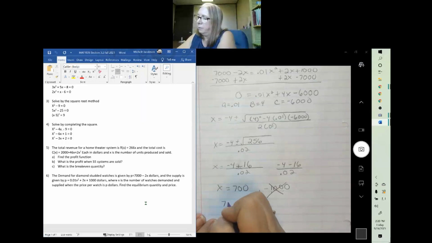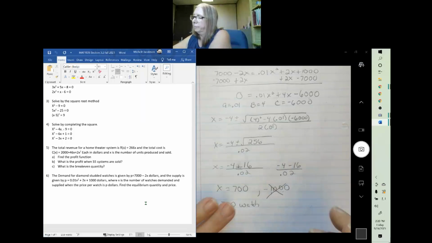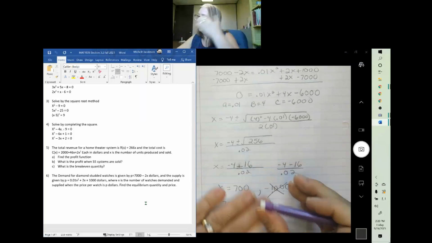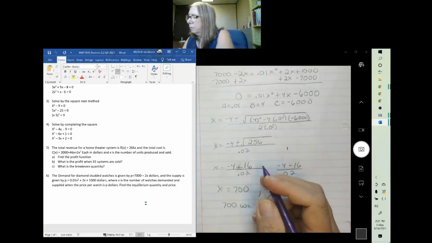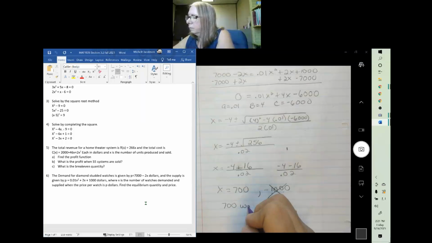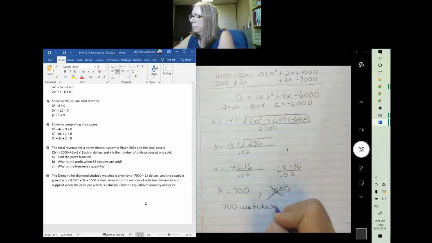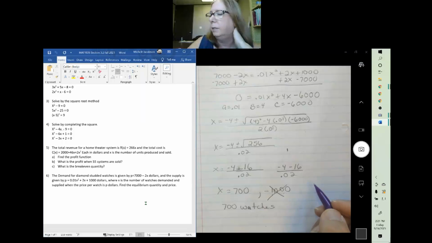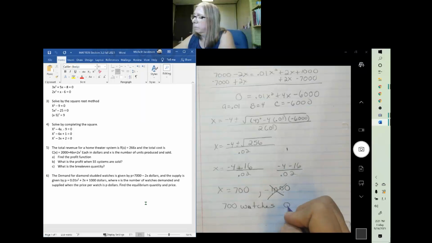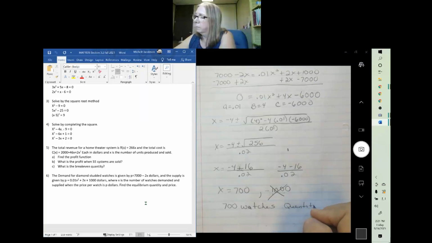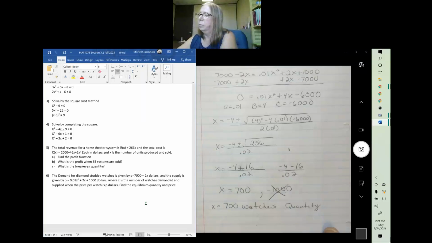So it's 600 watches. That will give us an equilibrium. Now we still need to find the price, because this would be quantity, because that's our X value. Price.